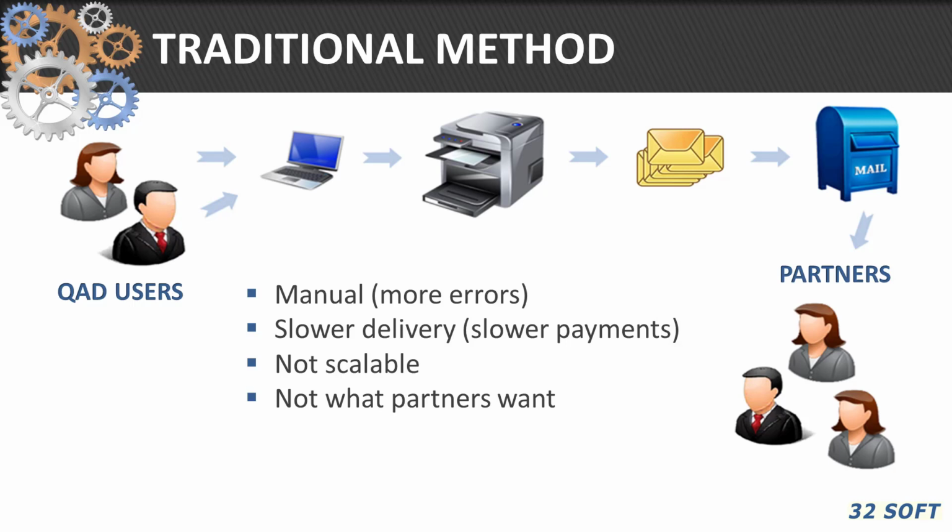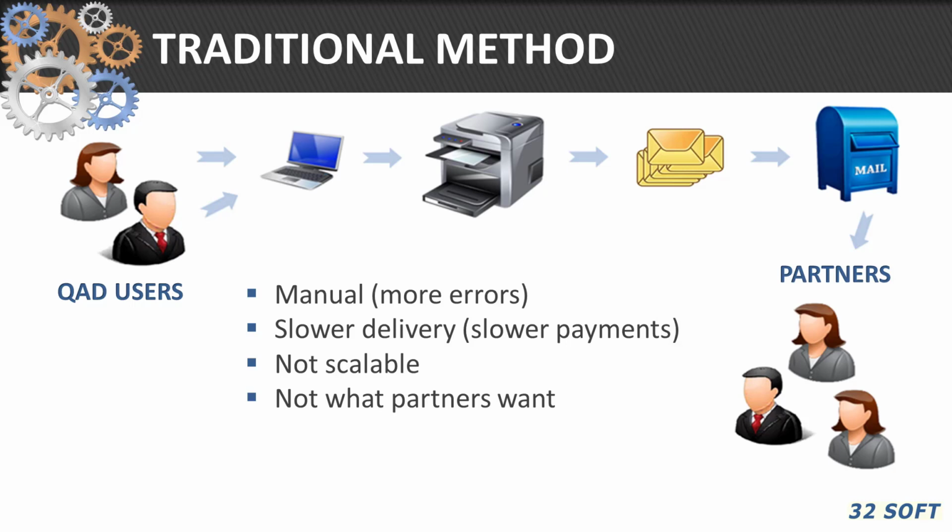So if we were to summarize all the issues with the traditional invoicing, we would say something like that the process is manual, someone has to do this over and over again. The process is prone to errors. Someone can accidentally send the wrong document to the wrong partner. Then we have to take into consideration the time it takes to deliver the document to the partners. It is usually a few days.